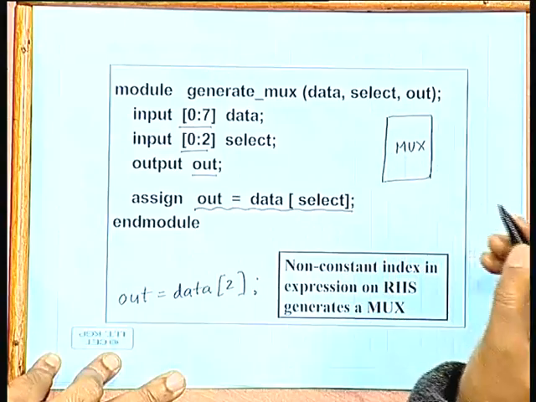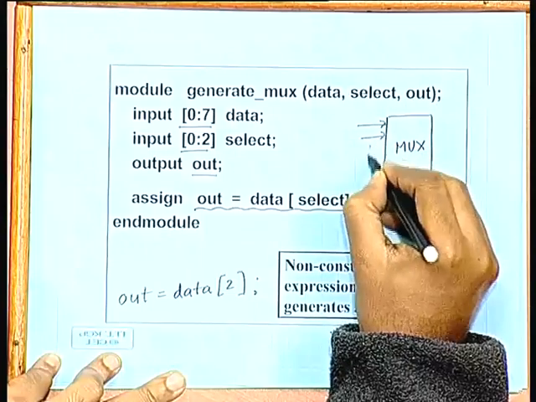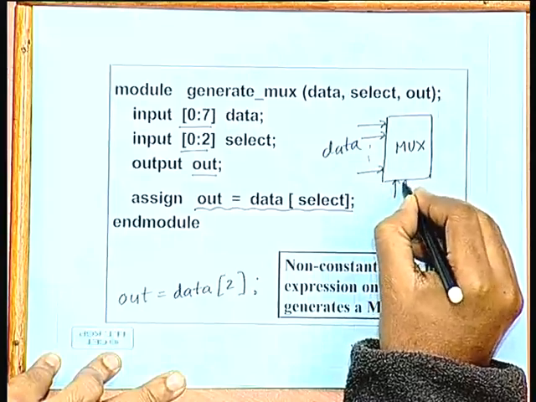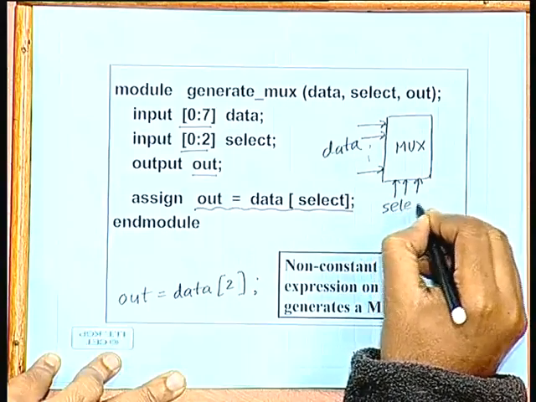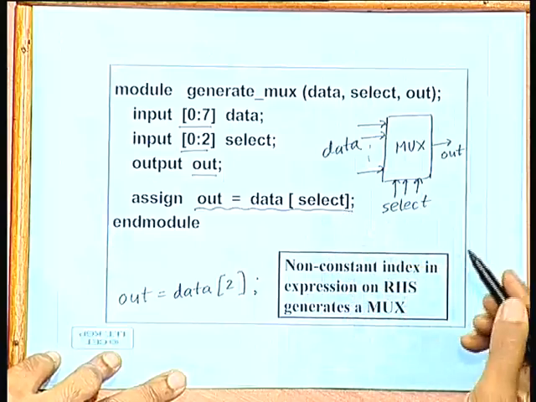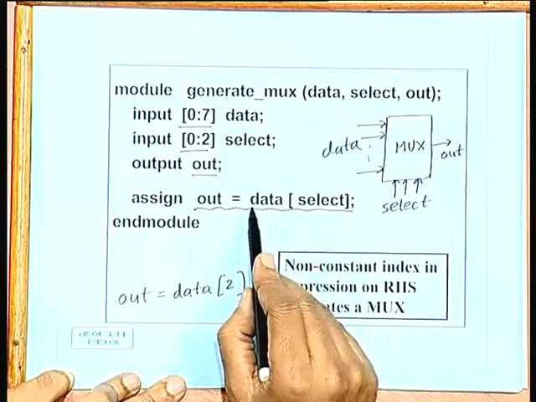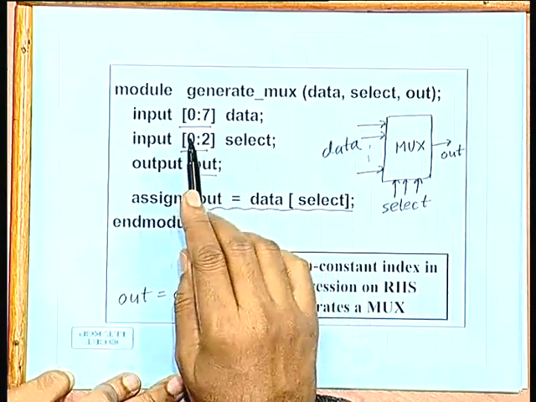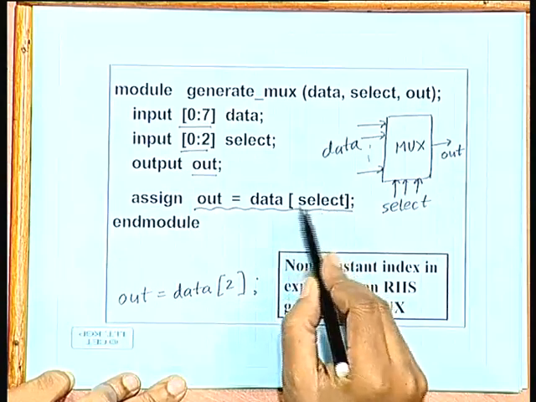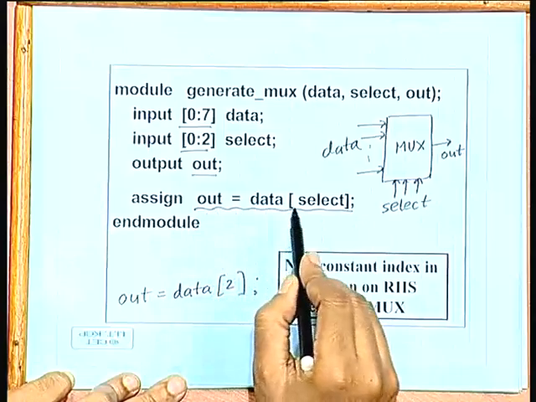So if you give this for synthesis, this is data, the 8 bits of data. The 3 bits of select will come here, this is select, and this will be out. The synthesizer is intelligent enough that whenever it encounters a vector type register with more than one bit with a variable as the index, then automatically a multiplexer is realized, provided this appears on the right hand side of the expression.